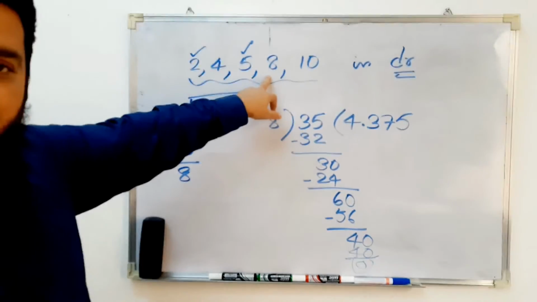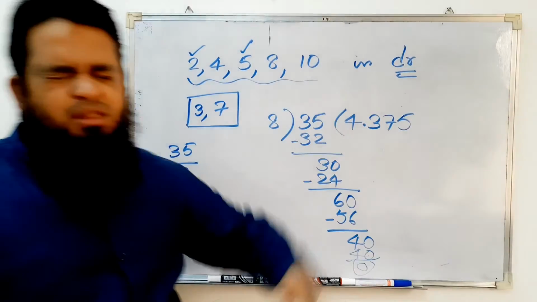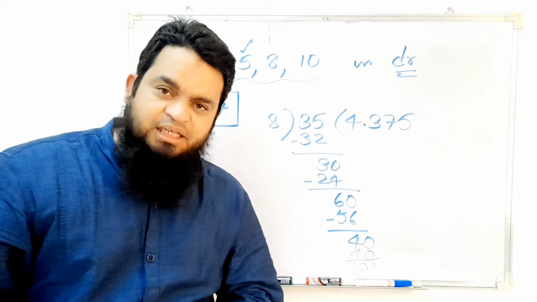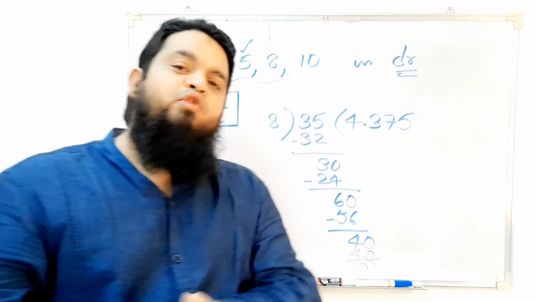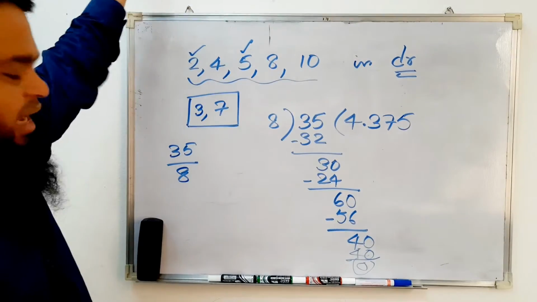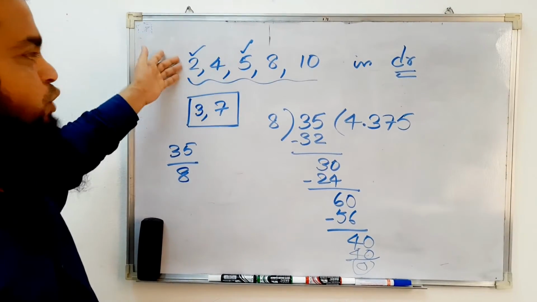When you divide by 10, you get a terminating decimal because the decimal just moves to the left. The same goes for 5, 2 and 4.